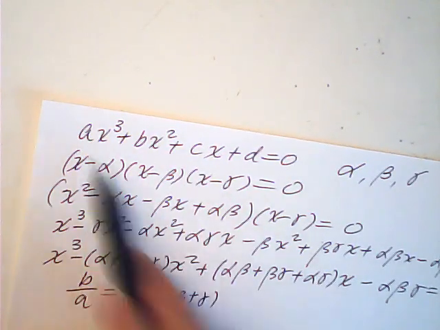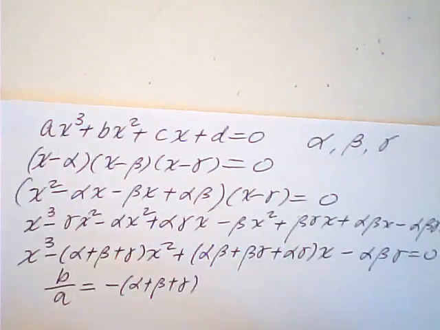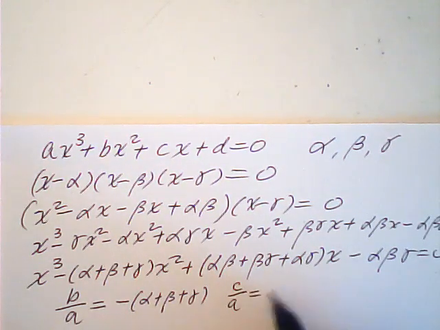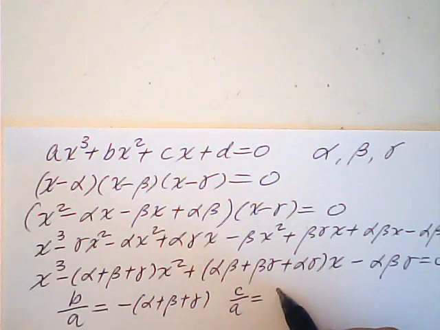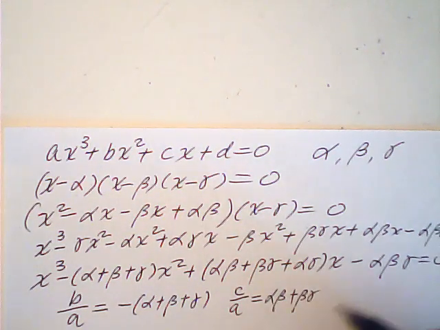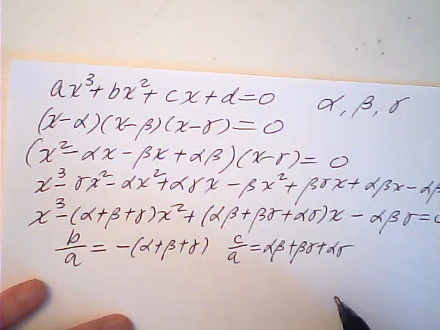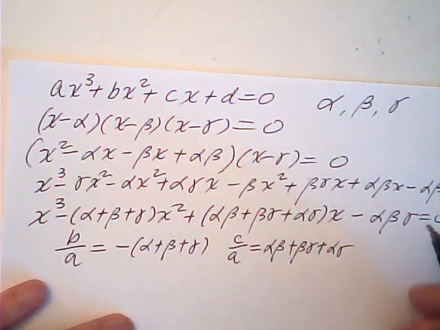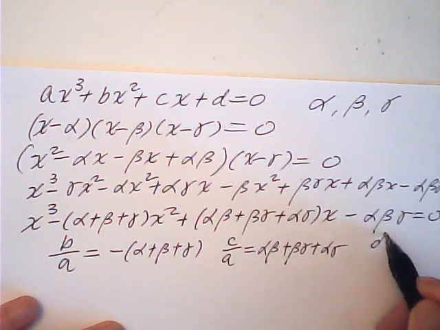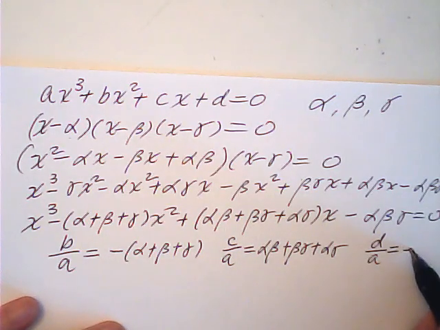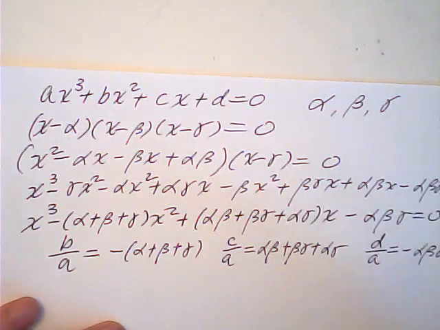And c over a will be equal to this, alpha beta plus beta gamma plus alpha gamma. And d over a is negative alpha beta gamma.